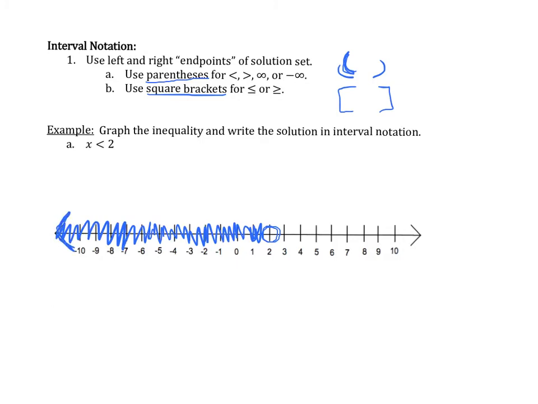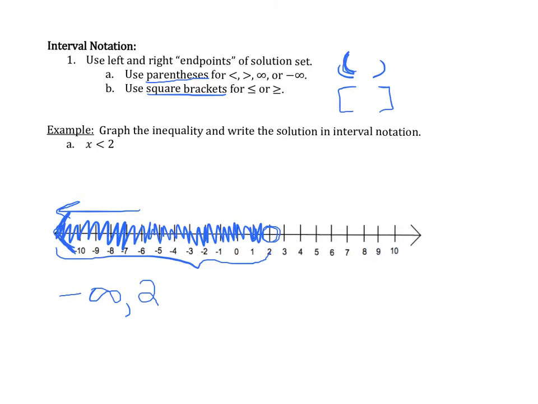And so if I want to write this in interval notation, anytime I extend to the left over here indefinitely, right? I'm extending to the left indefinitely here. It's just going to continue, right? That means I'm having a negative infinity. And I'm going to include all of these points all the way until I get to 2.